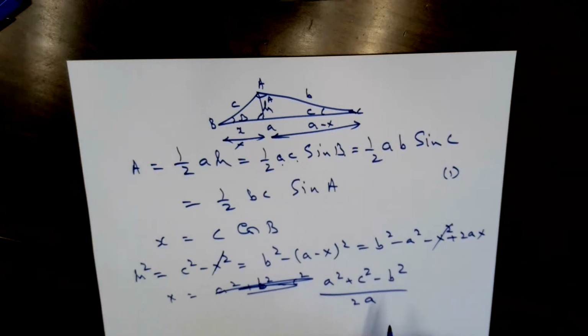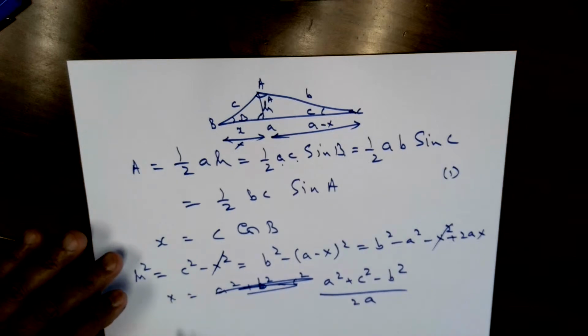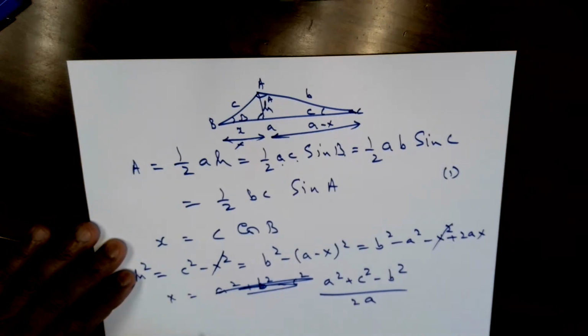And consequently, x is that, and then we get h squared, which is c squared minus x squared.